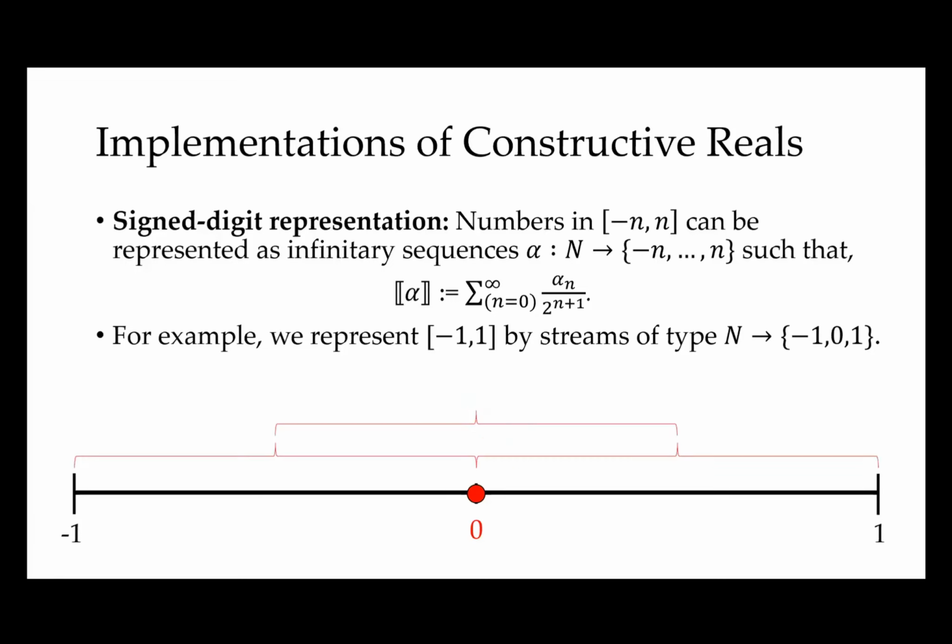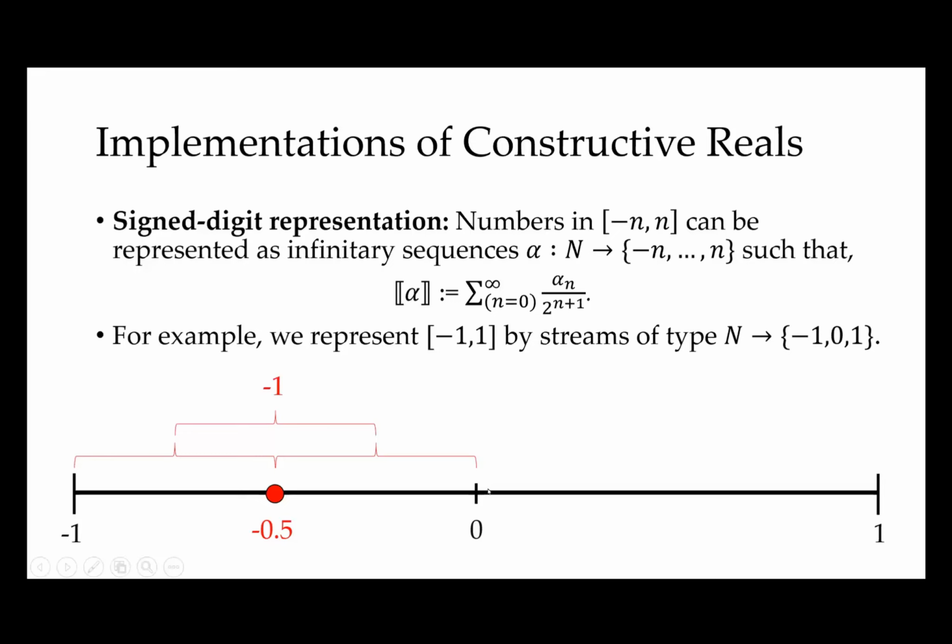So for example, if we want to represent any number in this line, basically we have a choice at any point. Do we want to represent something in the interval to the left? Do we want to represent something in the interval to the right? Or do we want to represent something in this middle interval? So if I choose to go left, so I have a minus 1 as the first digit of my infinite stream, then all the numbers represented with a minus 1 at the start are going to be in this left-hand interval.